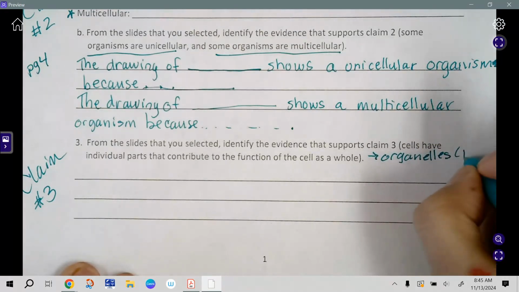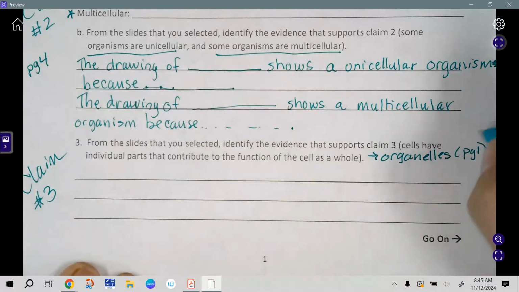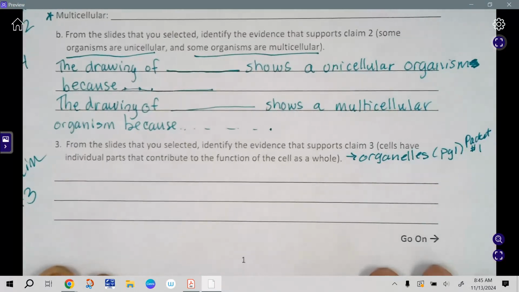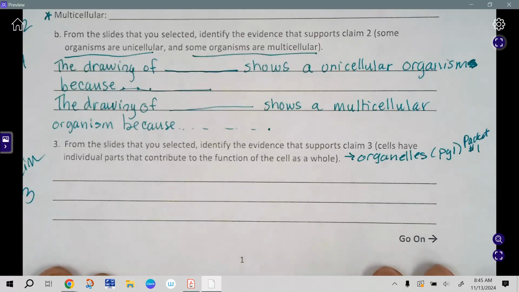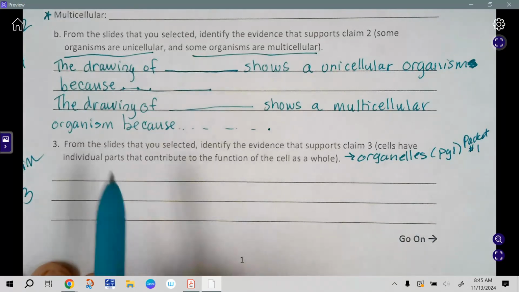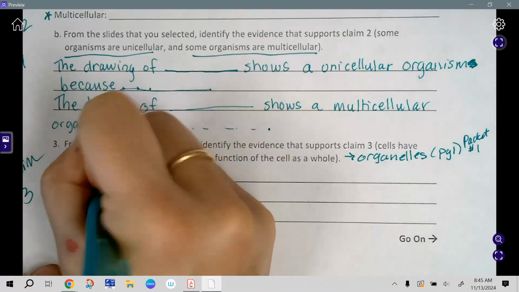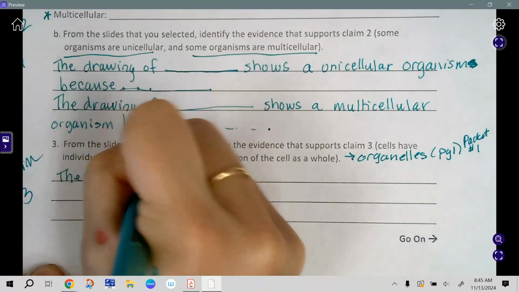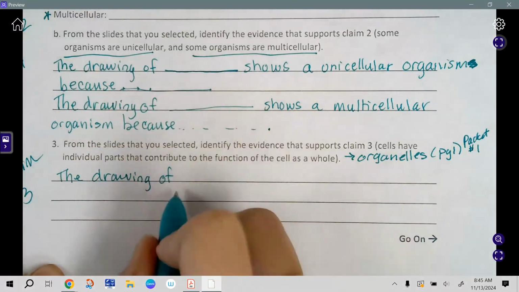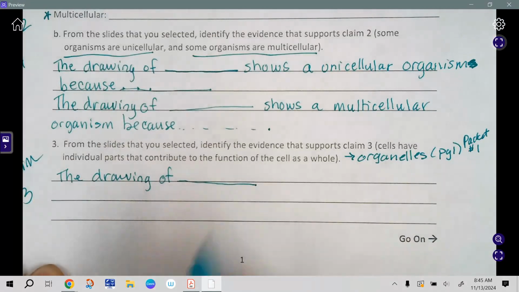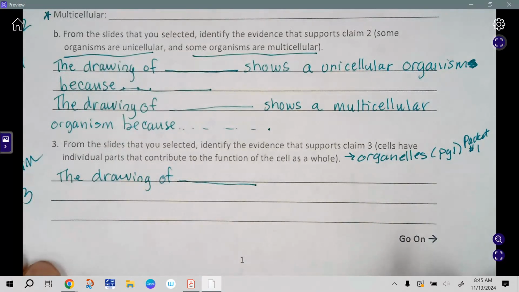And we listed them on the first page of our initial packet, of packet number 1. All right, so the drawing of, and you're going to tell me which slide you used for claim 3.